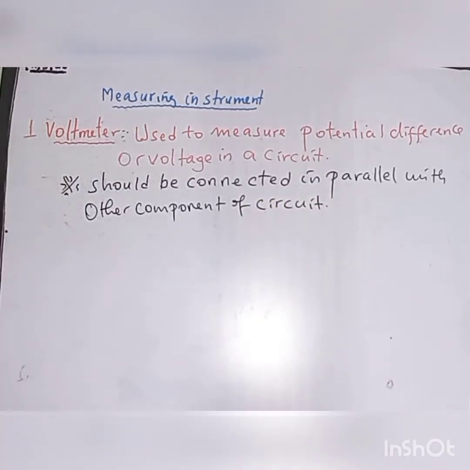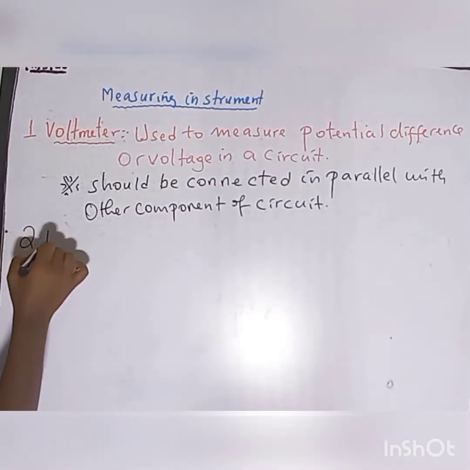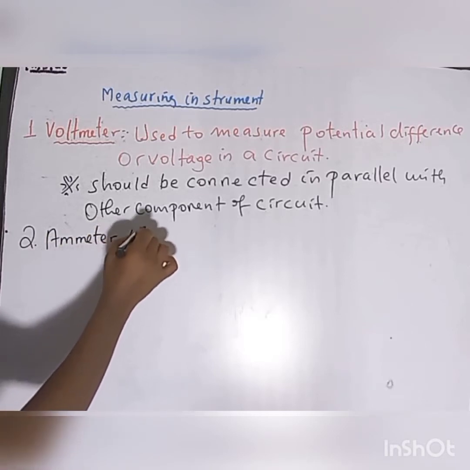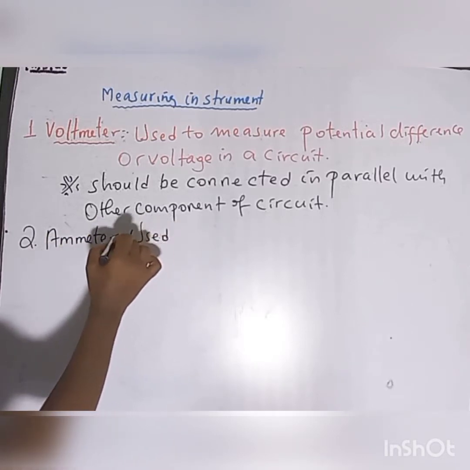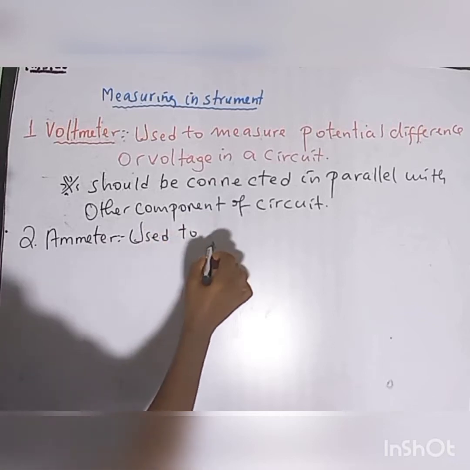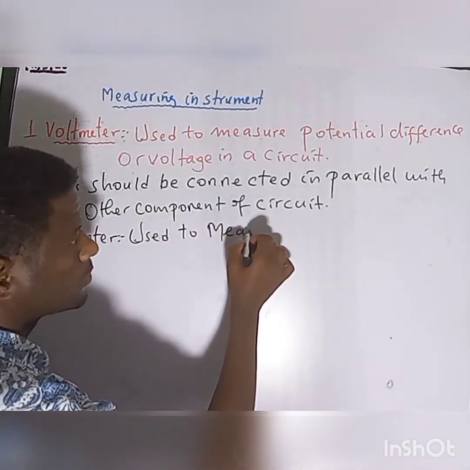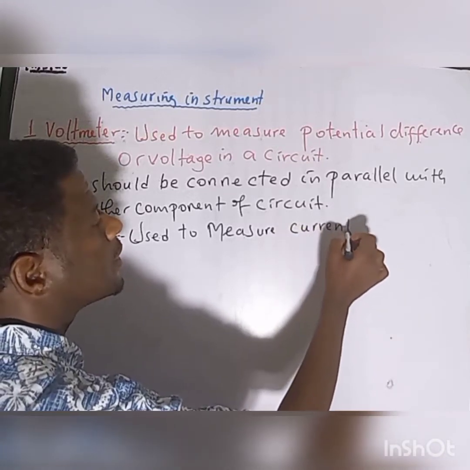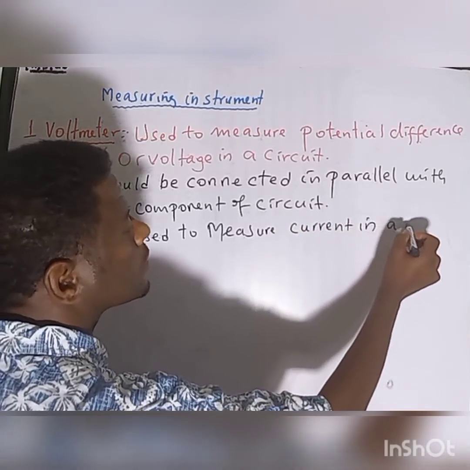And the second one, ammeter, which is used to measure electric current in a circuit.